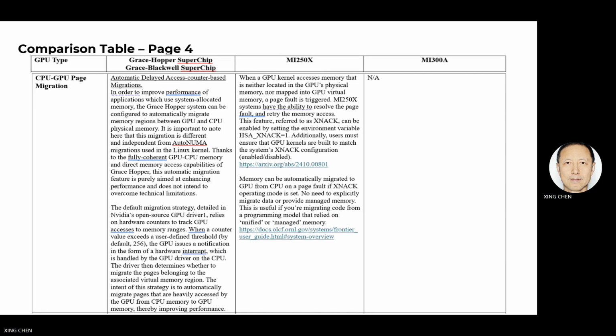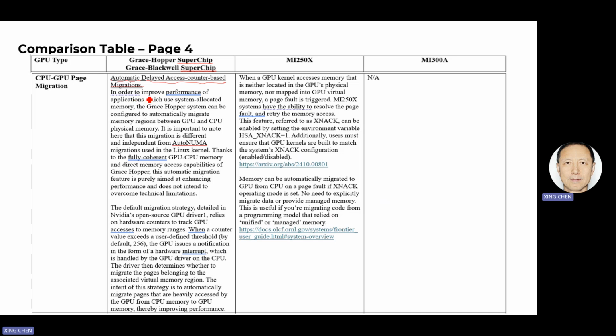But from NVIDIA, there is this kind of mechanism, which is automatic delayed access counter-based migration. The point is it's not too complicated to understand.